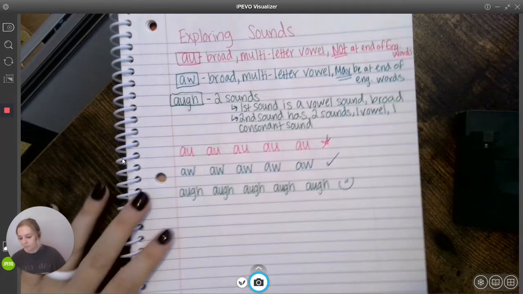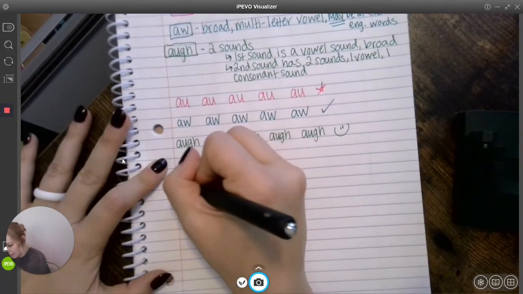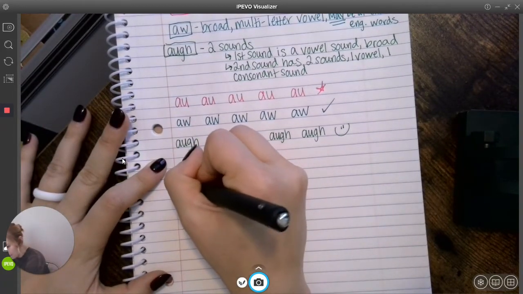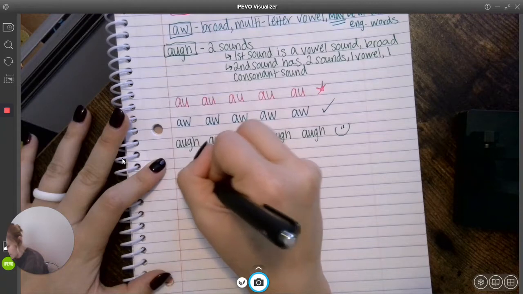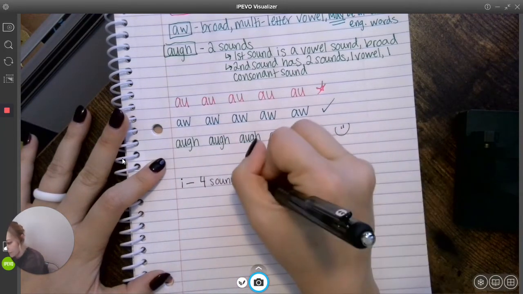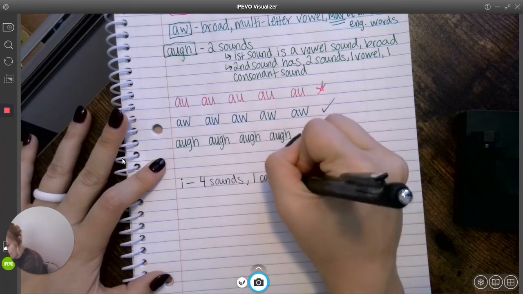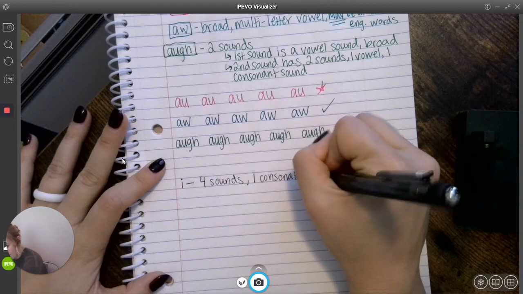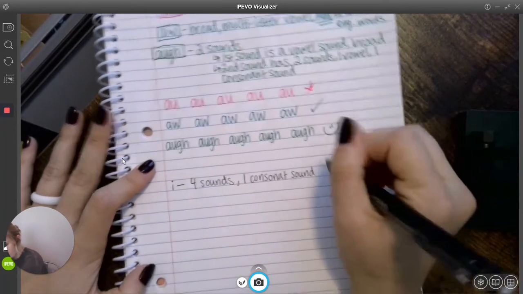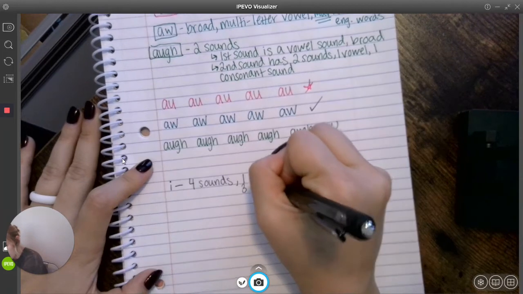Good job. So we're going to write down here, I. We're going to write that it has four sounds. We're going to write it's one consonant sound, and three vowel sounds.